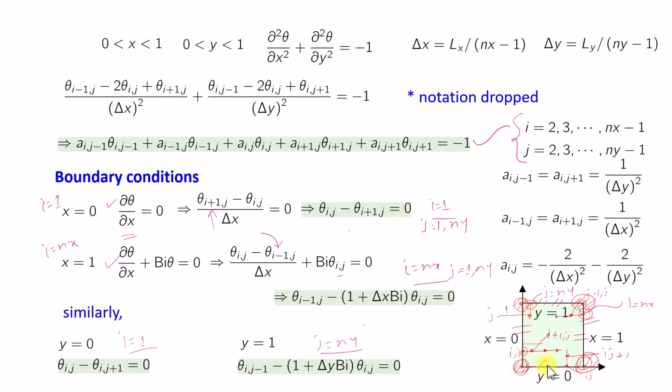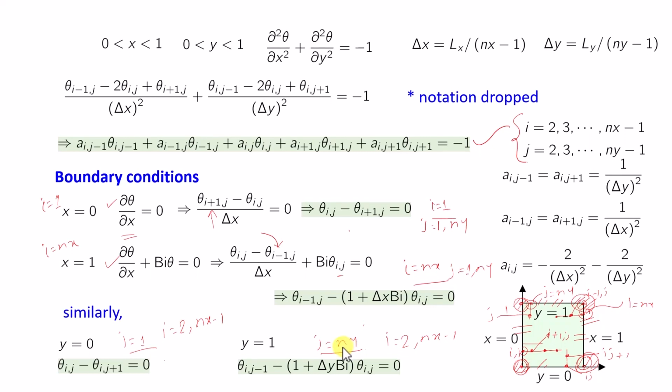So the way to do it, here when j equals 1, I will put this for i equals 2 to nx minus 1. For j equals ny, once again I will put i equals 2 to nx minus 1. So corner points are counted here in x condition, not in y condition. That way corner points are counted only once.